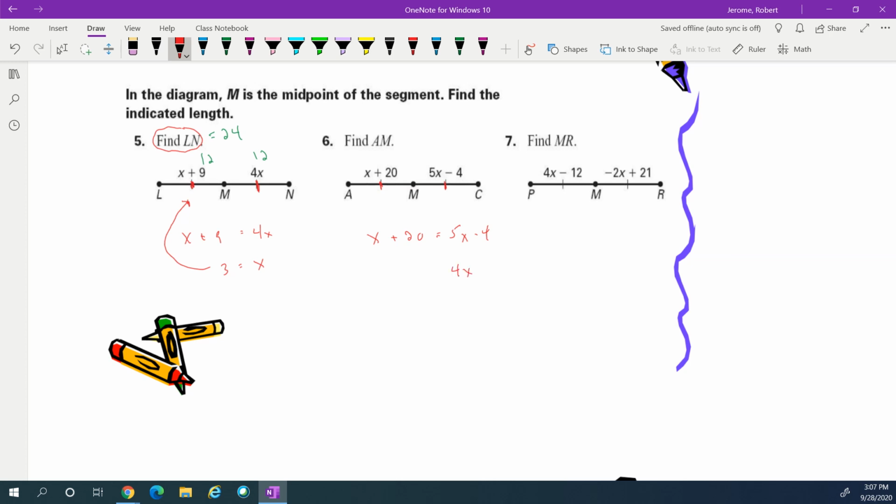We got 4x, 24, x equals 6. We were asked to find AM. Plug it in. AM is x plus 20. So AM equals 6 plus 20 for 26.